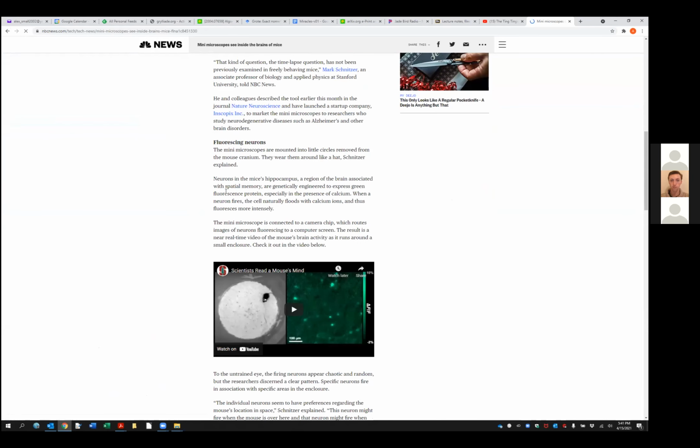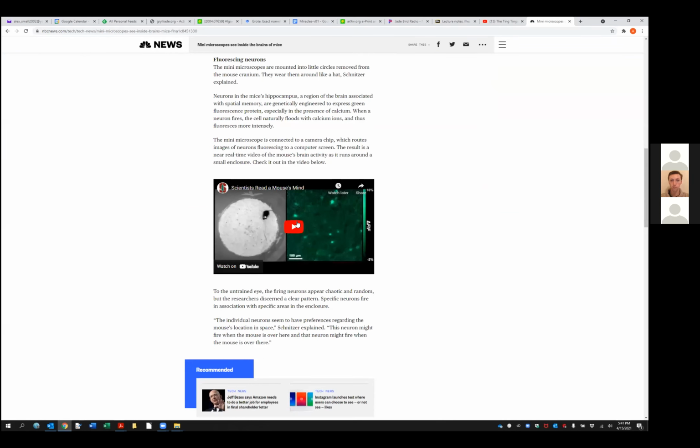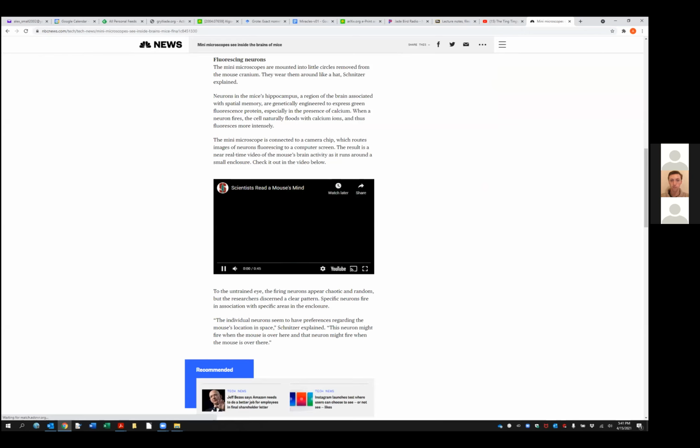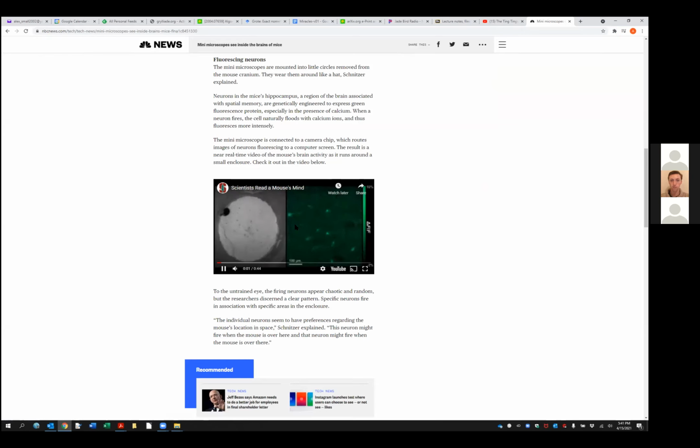Mark Schnitzer. Okay, so Mark Schnitzer is a biologist and neuroscientist at Stanford. And I knew someone in his group who was working on a very different type of optical imaging, but it makes sense that he'd be working on multiple types of these things. So they've basically got a thing wired to the mouse's head.